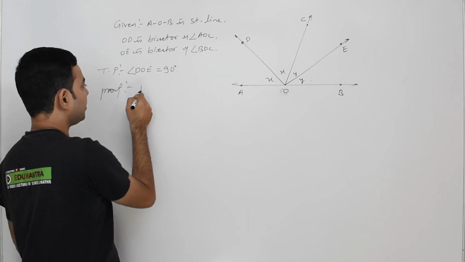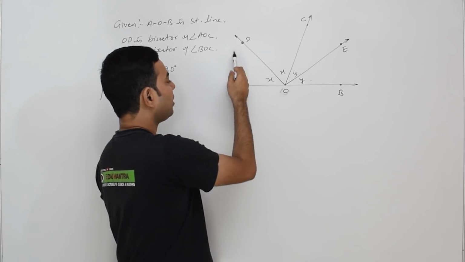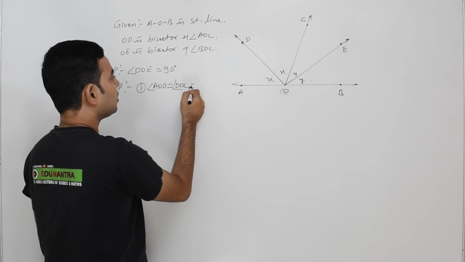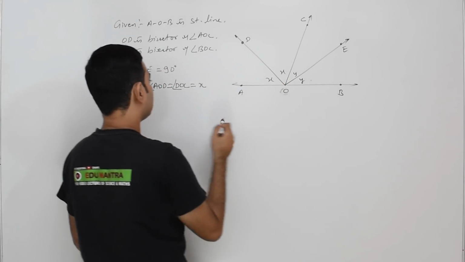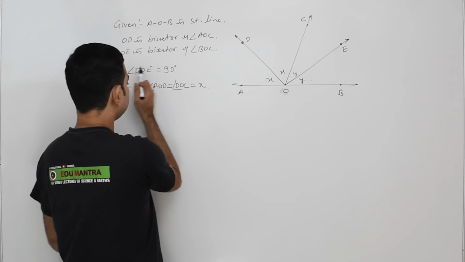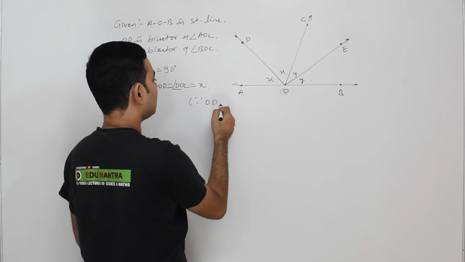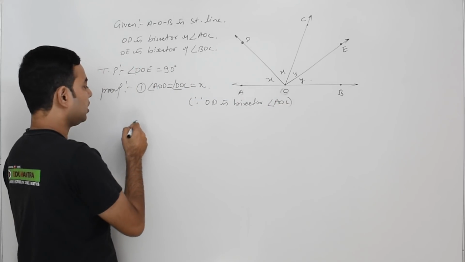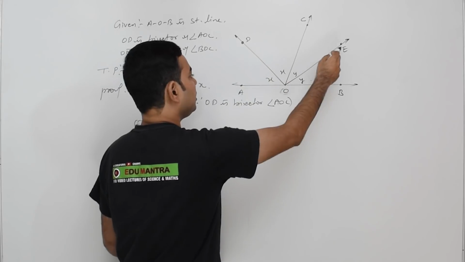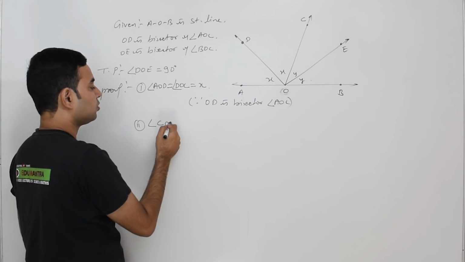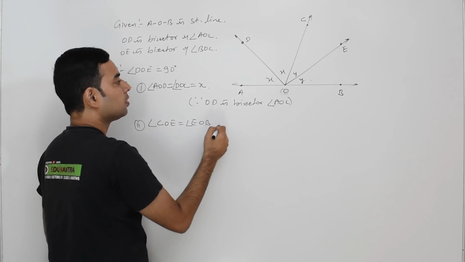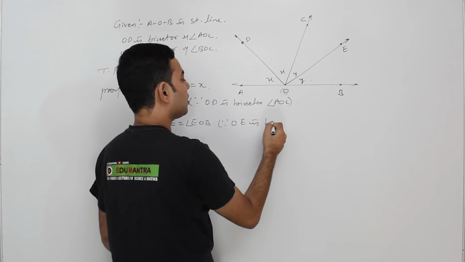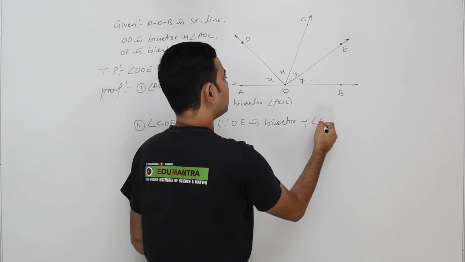For the proof, first point is, as OD is a bisector, angle AOD is equal to DOC is equal to x, since OD is the bisector of angle AOC. Similarly, angle COE equals angle EOB, because OE is the bisector of angle COB.